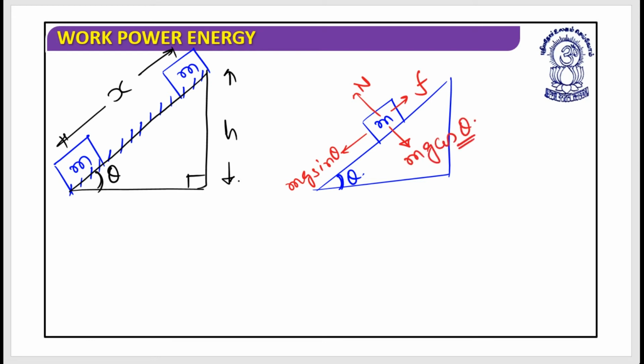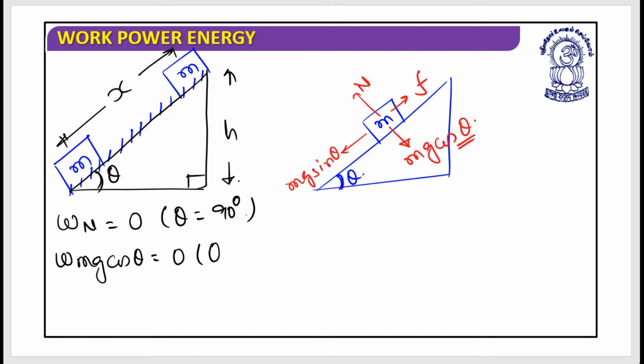So all these forces are acting. Again I need to do the same thing, work done due to normal, it would be 0. Why? Because theta is equal to 90 degree. Work done due to mg cos theta, it would be again 0. Why? Because theta is equal to 90 degree. Yes, these two forces are 0.